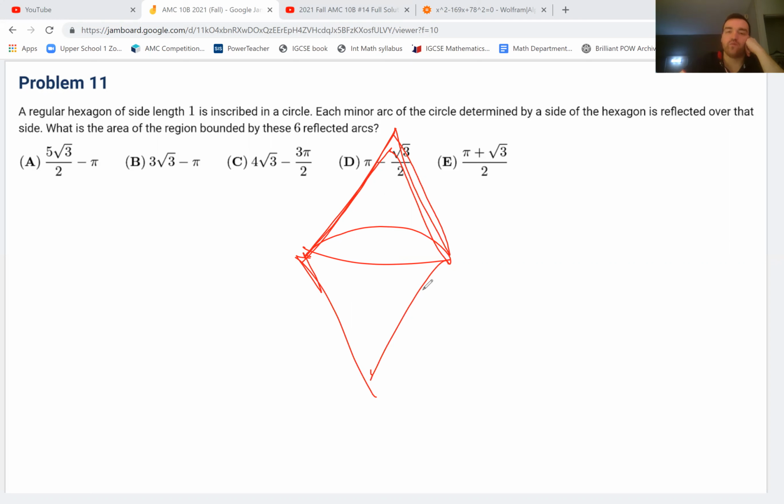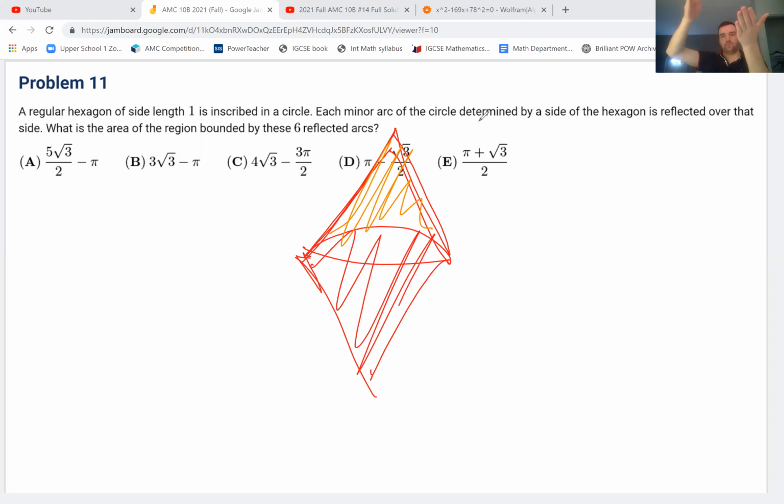And then we subtract the area of the piece of the circle, the sector. Then what would we be left with? We'd be left with the area that we're looking for, the inverted area.